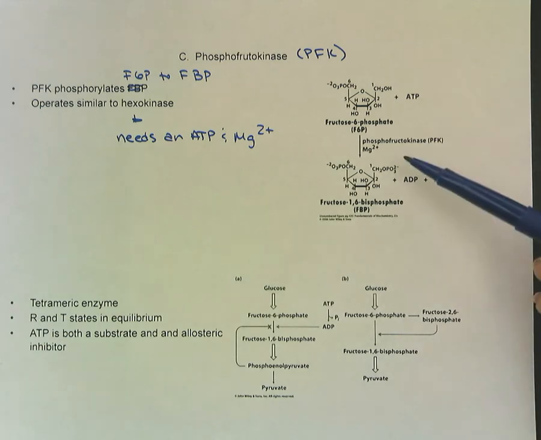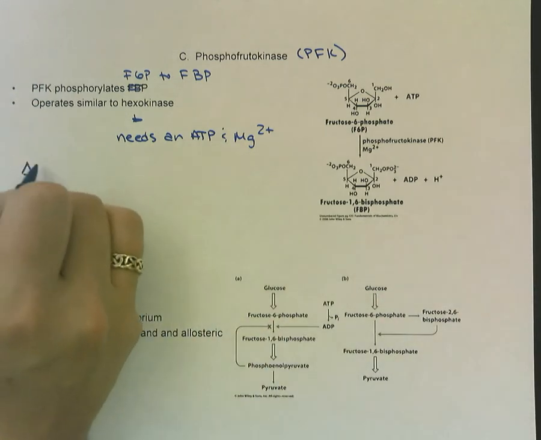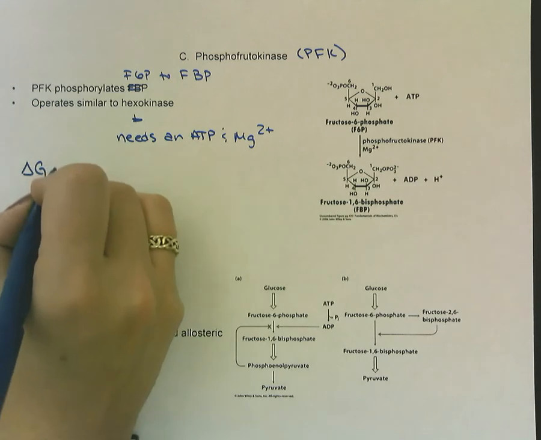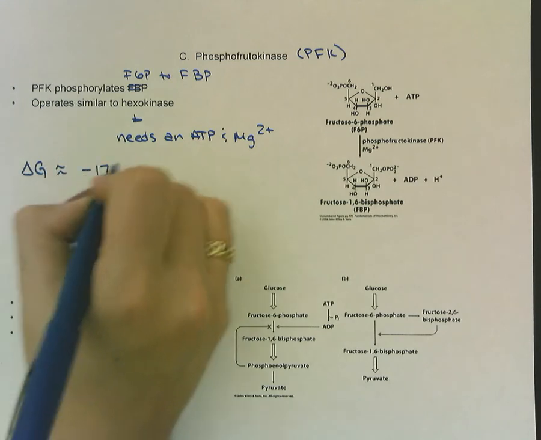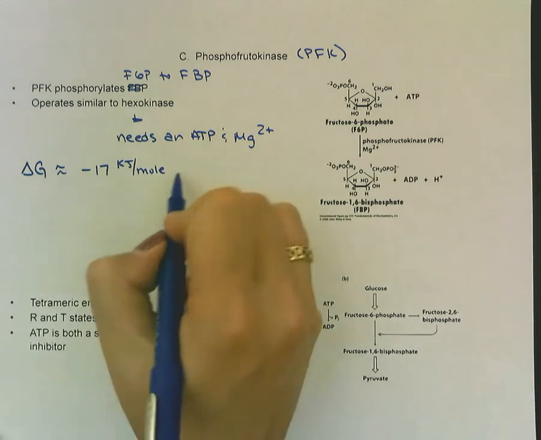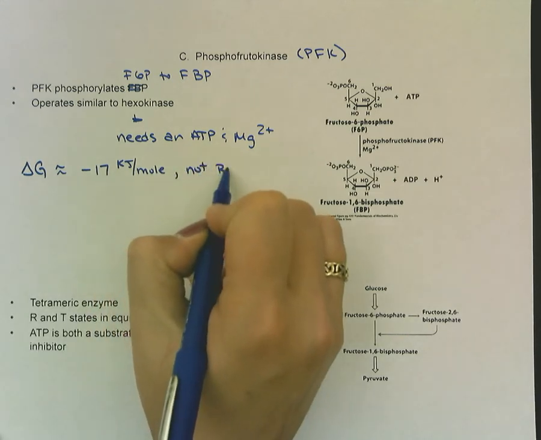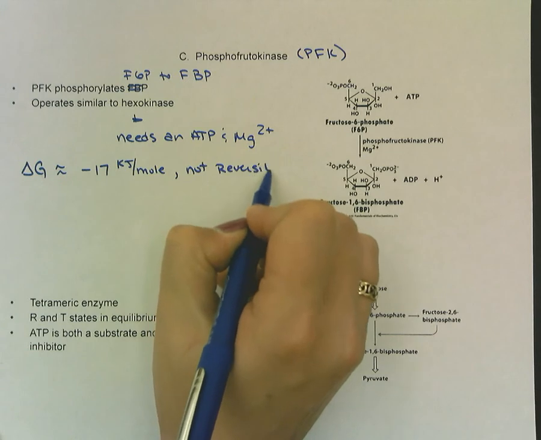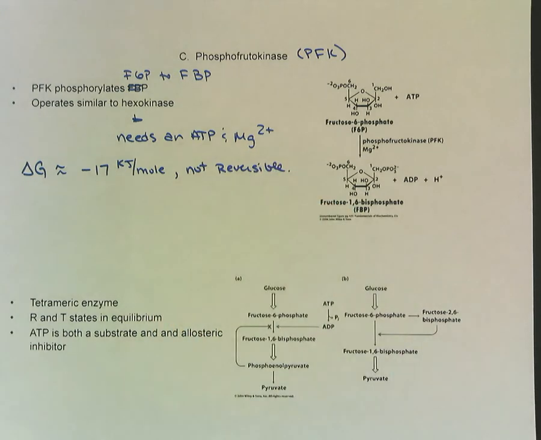What's the direction of my arrow telling me about its reversibility? Not reversible. Okay, so delta G is definitely negative.